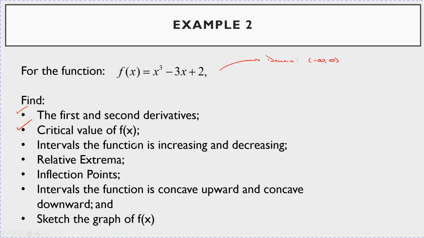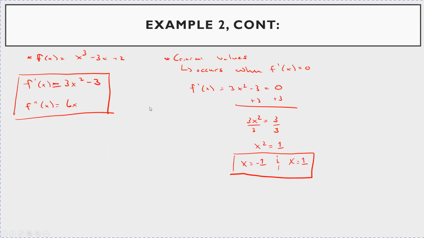Okay, so we're moving along. Let's now find relative extrema. And what I'm actually going to do is use the second derivative test. So relative extrema, remember they occur at critical values. So what were our critical values? Let's look back.